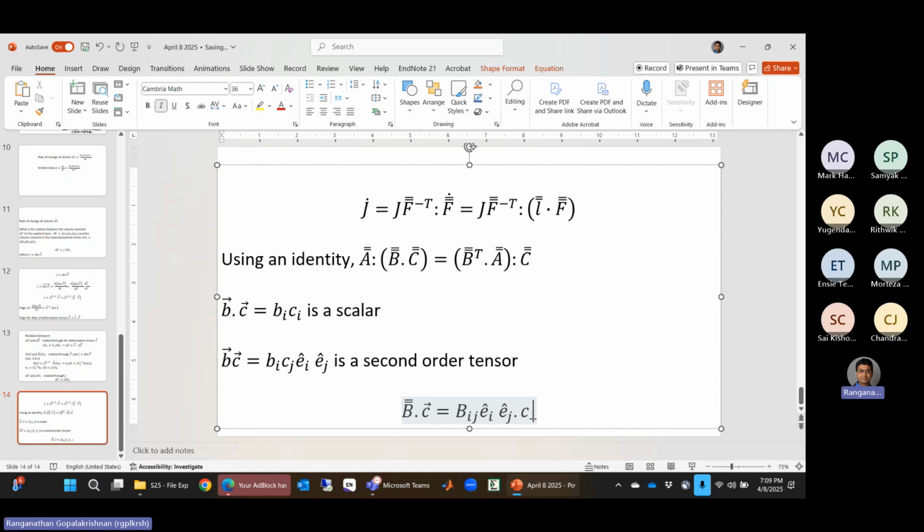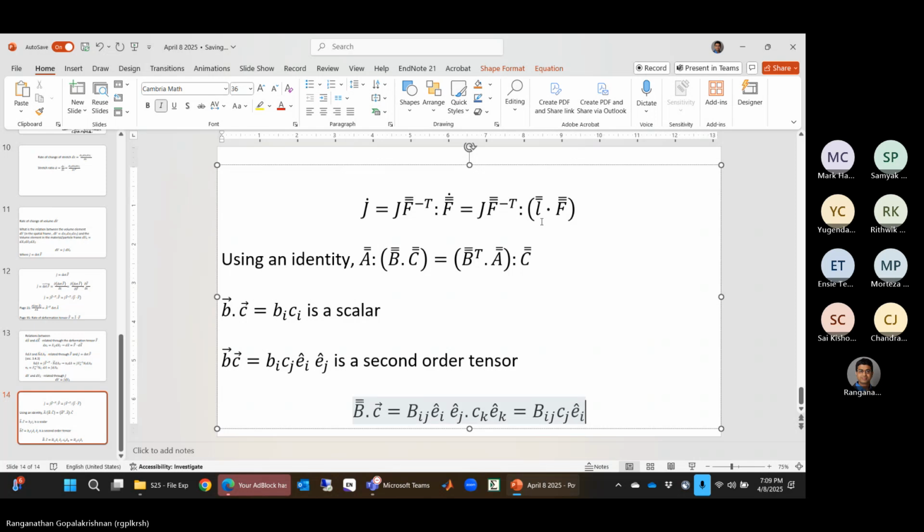We'll write Ck ek. What is this? This is Bij Ck ei delta jk. I'm going to save us one step and write this as Cj.